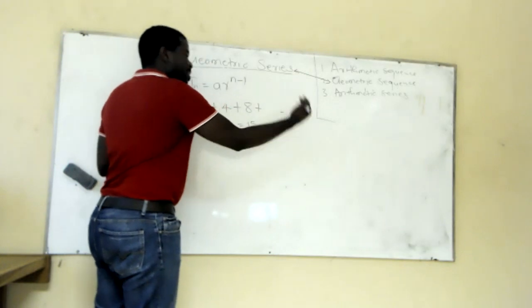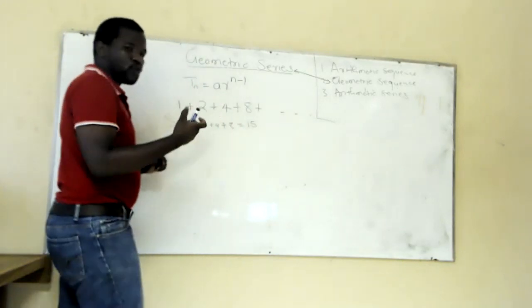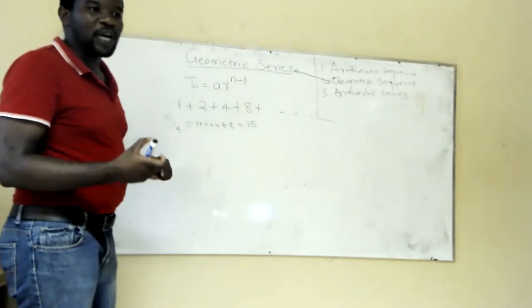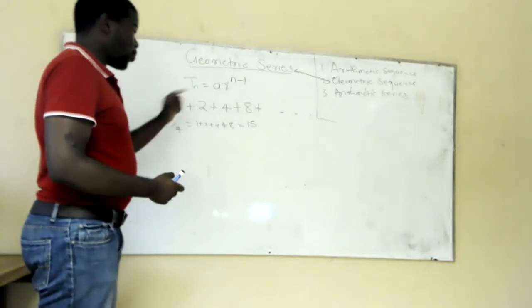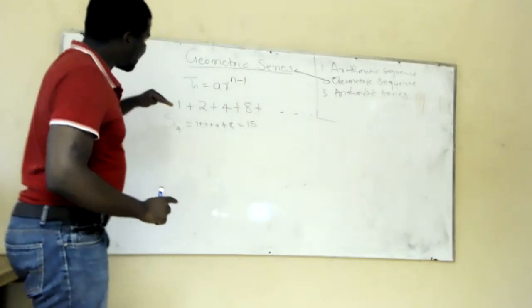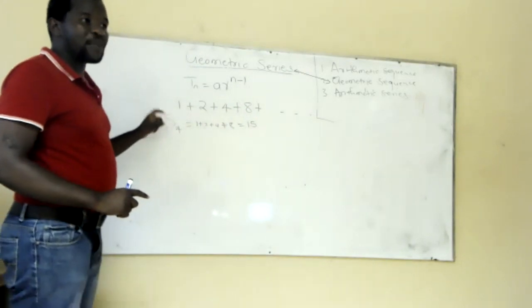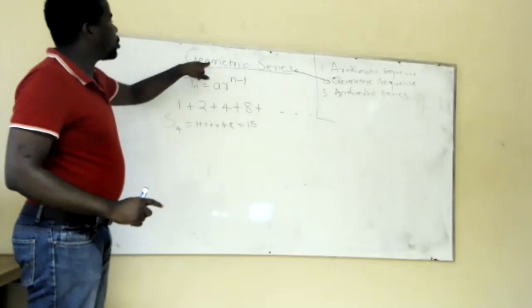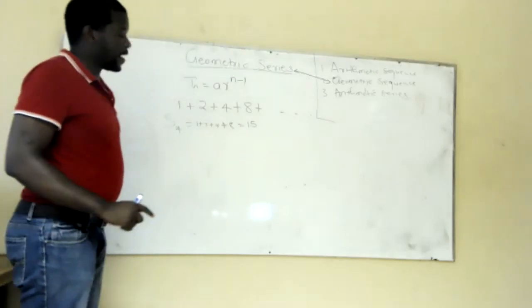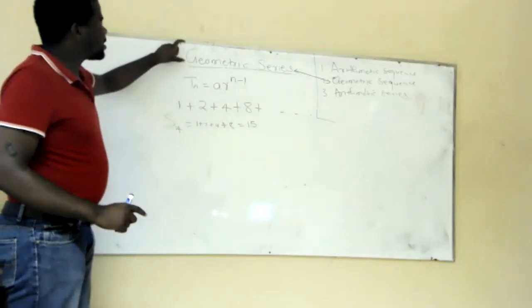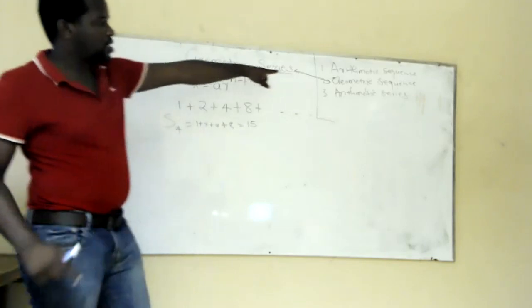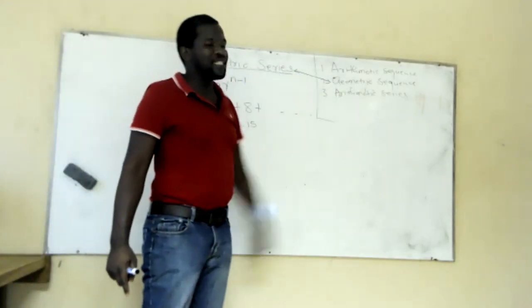So in that case, you will need to use a mathematical formula to simplify your question. So now, one of the methods which we are going to use to get the summation of the pattern is what is called the geometric series, which sums the terms of what? It sums the terms of geometric sequence.